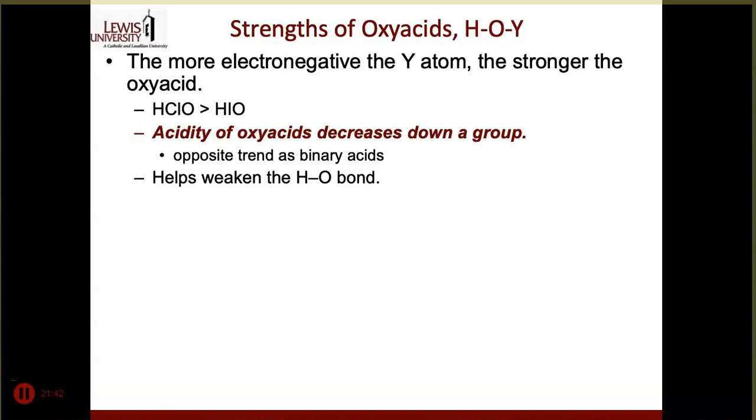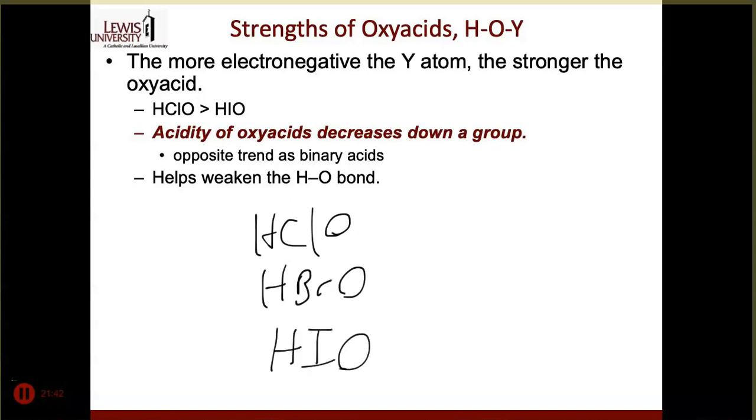As you go down a group, if we're thinking about going between the series of HClO, HBrO, and HIO, this series of oxyacids, the central atom here is going to be chlorine, bromine, iodine.